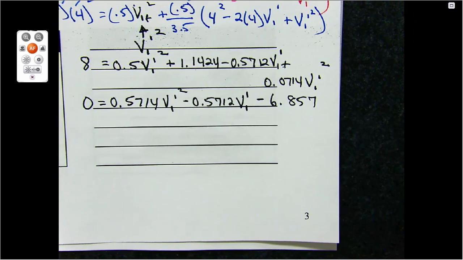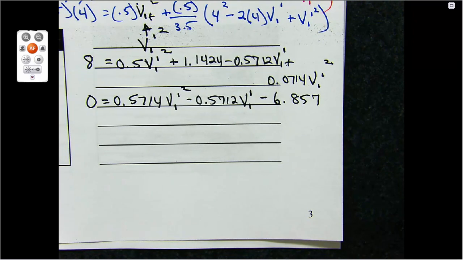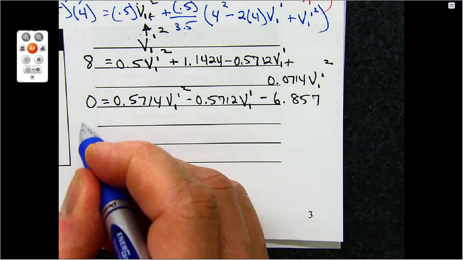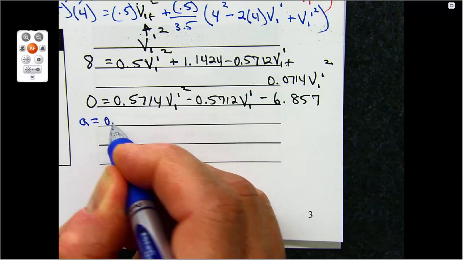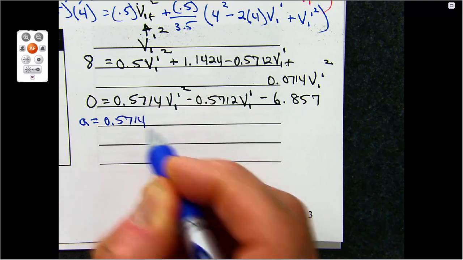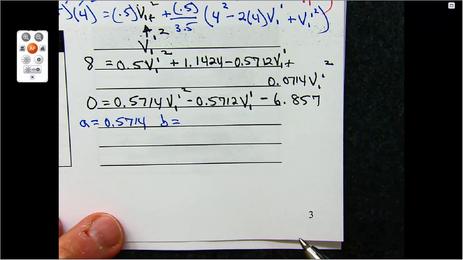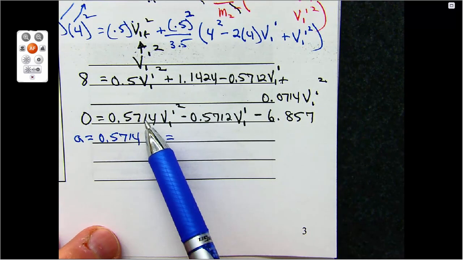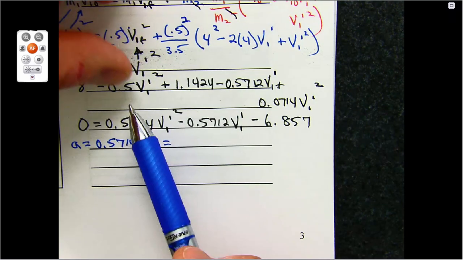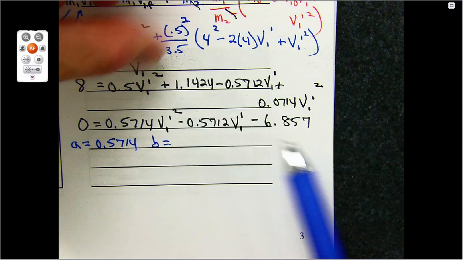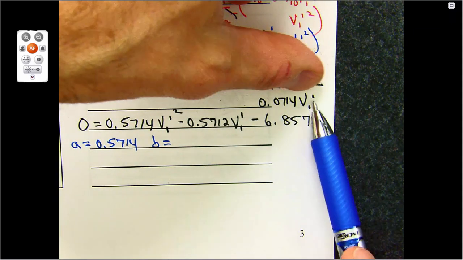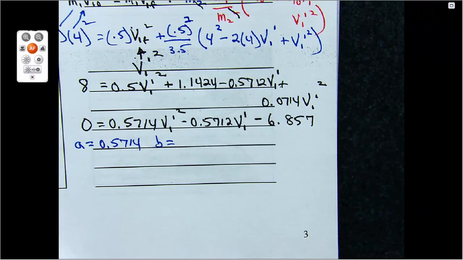Grab your calculators and solve this when A is equal to 0.5714. This one right here came from the 0.5 V1 prime squared here and the 0.0714 V1 prime squared here. I should have a highlighter.